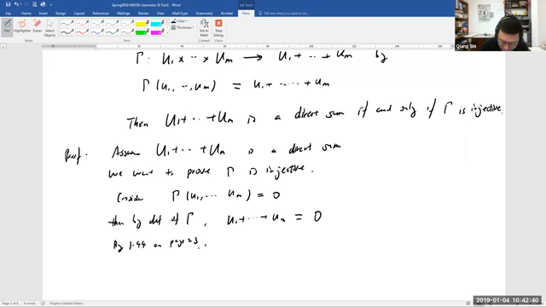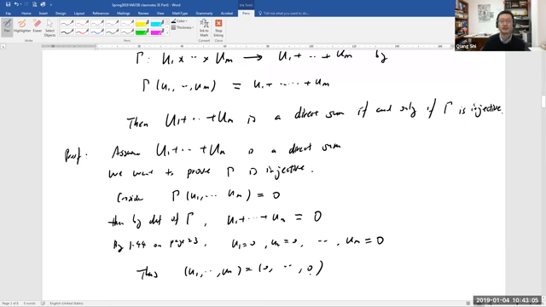Our assumption is that this is a direct sum, so since this representation is unique, all the individual uj should be 0. So that tells us this tuple u1 up to um is the 0 element.